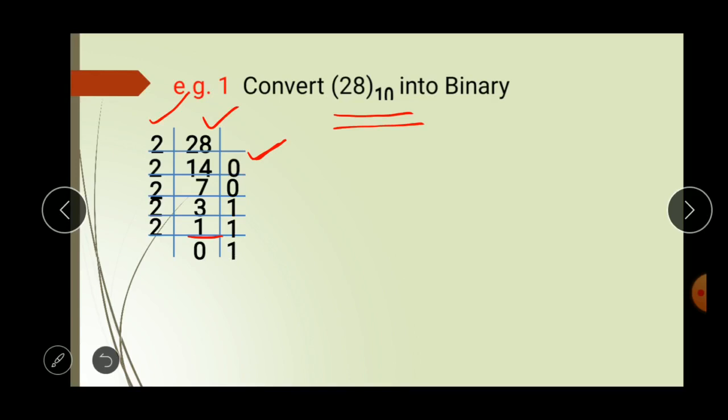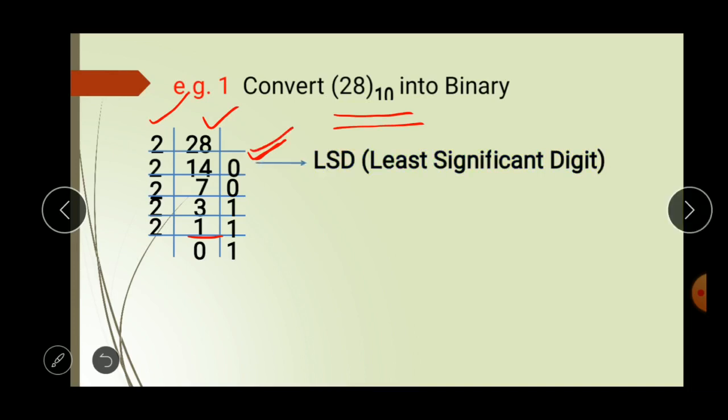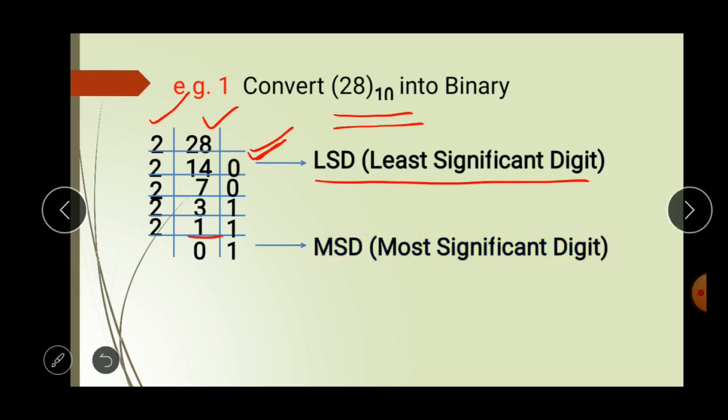Now you can see some remainders are stored over here. The first remainder which we obtained in the starting of the division process is known as LSD, that is the least significant digit, and the last obtained remainder, which is here, is known as MSD.